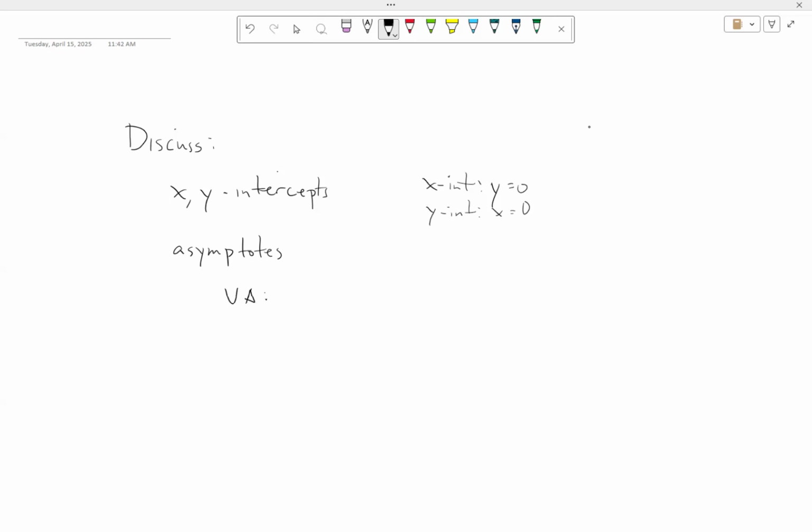How do you find it? Vertical asymptote is zero. Like when we did the multiplicity, wherever it intersects with y equals 0, we draw in the vertical asymptotes, and it's how they guide you when you're drawing simple graphs.